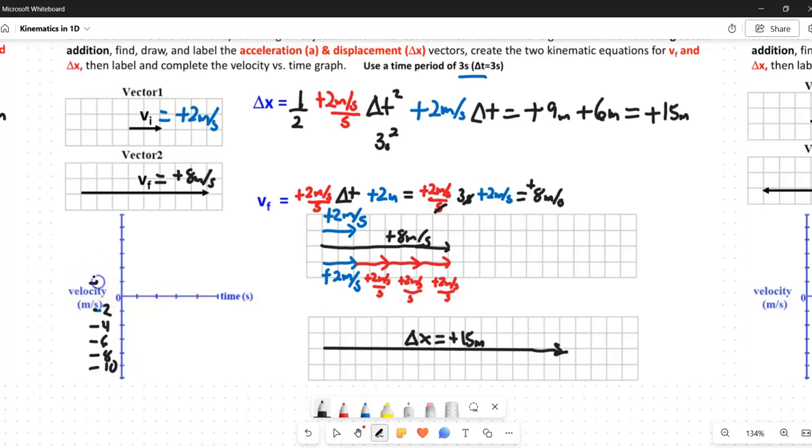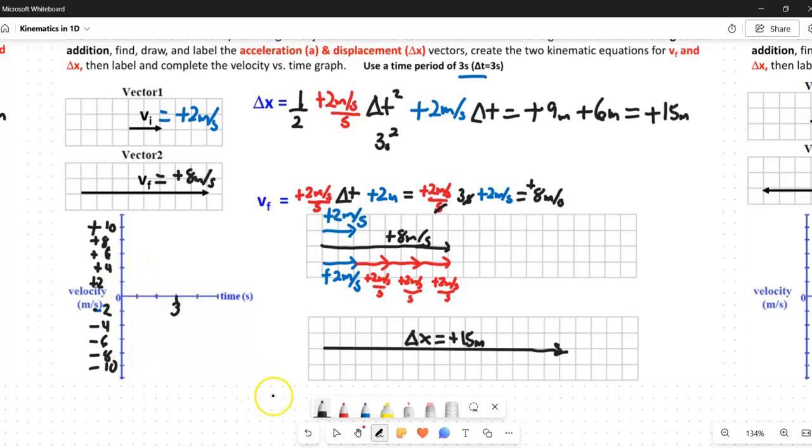This is going to be +2, +4, +6, +8, and +10. So you have to number it, and this is 3 seconds right here.